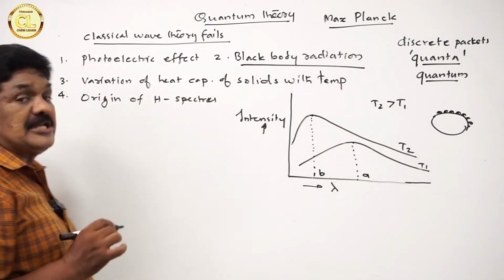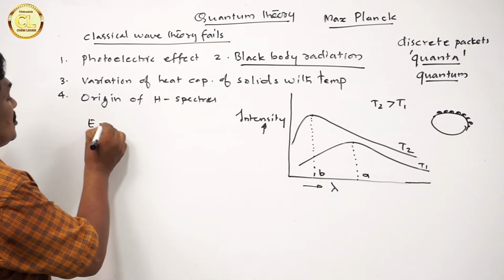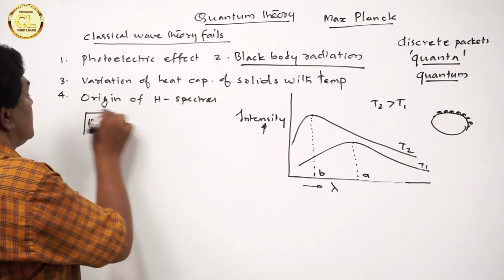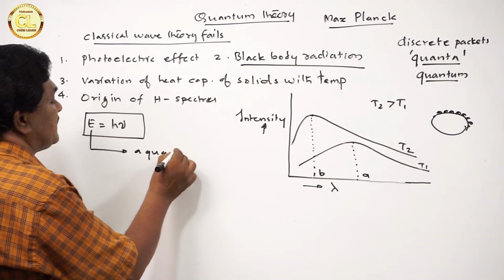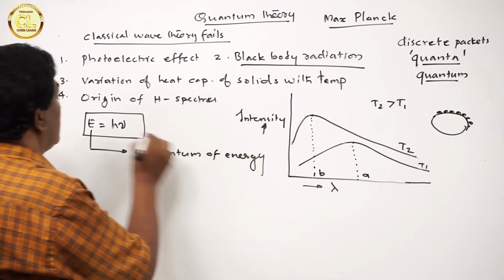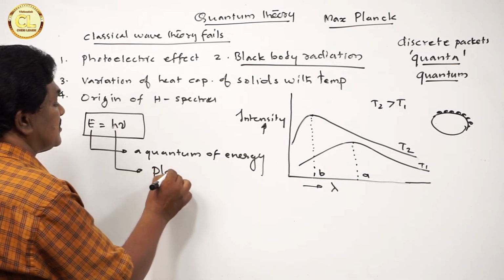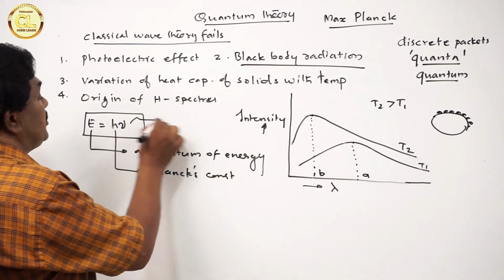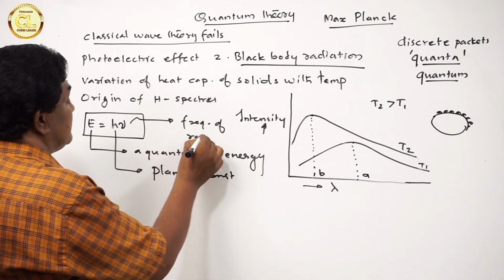He derived an expression for a quantum of energy as E is equal to h nu. Here E stands for a quantum of energy, h stands for Planck's constant, and nu stands for frequency of radiation.